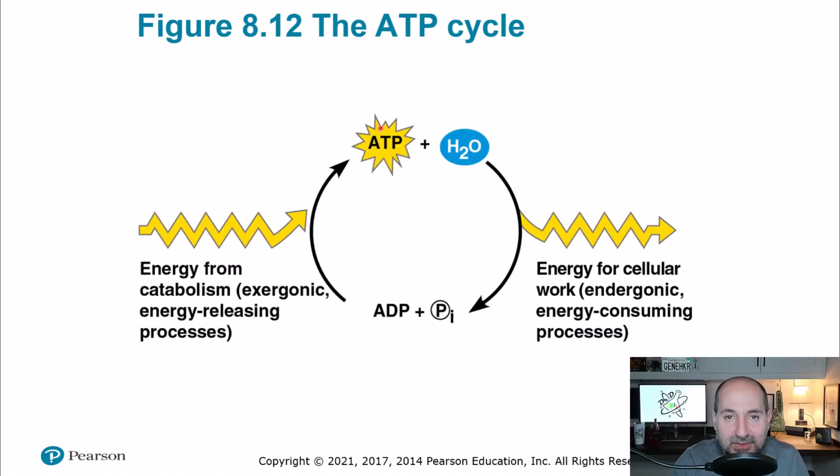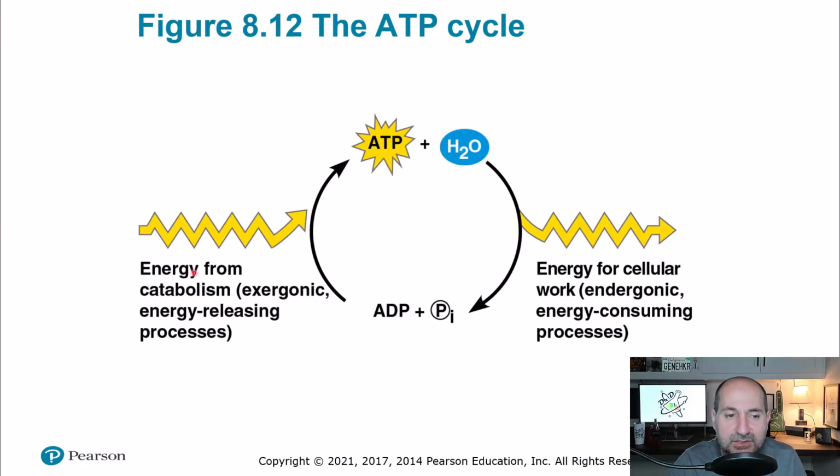When ATP is hydrolyzed, this releases energy used by the cell to do work. Any kind of endergonic, energy-consuming process can be powered from the energy released by ATP hydrolysis. But then it's the mitochondria's job to add the phosphate groups, the inorganic phosphate and ADP together to reform ATP.